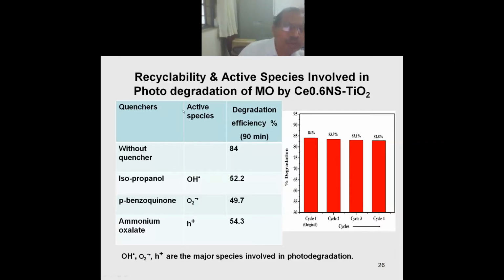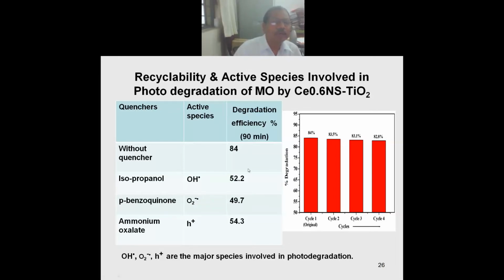Then, in order to know the species involved in the degradation process, we have done quenching experiments. Different quenchers are used: isopropanol, benzoquinone, and ammonium oxalate. Isopropanol is used for quenching the hydroxyl radical, benzoquinone for the superoxide ion, and ammonium oxalate for quenching the hole.